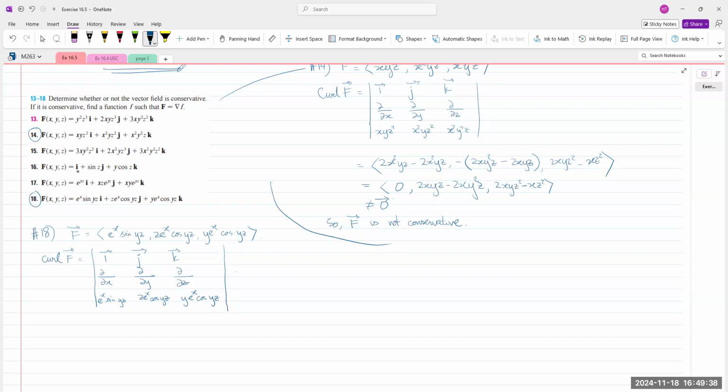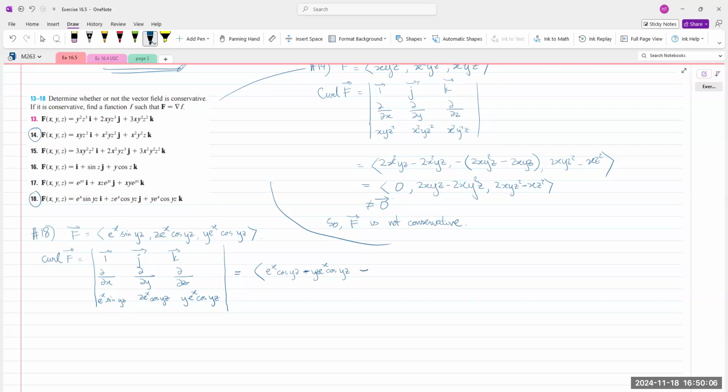Let me continue on the right hand side. So the first component will be e to the x cosine yz plus y e to the x negative z cosine yz. Am I right? Hold on. Not yet, I'm not done yet.